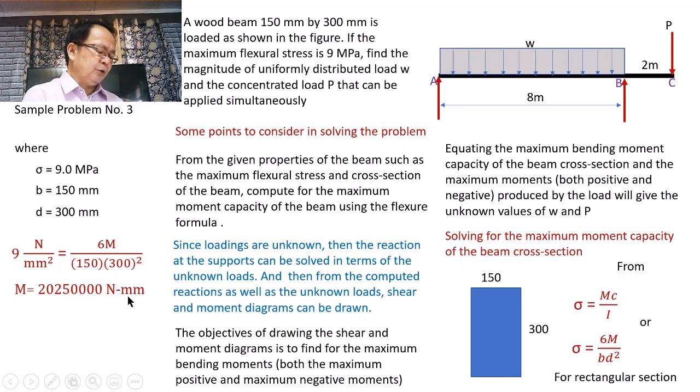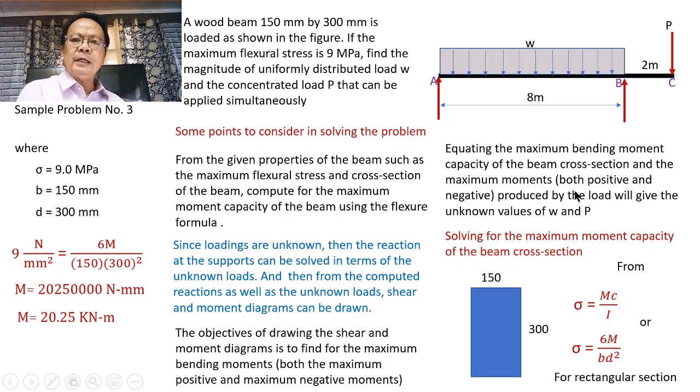Kaya kung i-convert natin to a much larger unit, this can be converted into kilonewton meter and this becomes 20.25 kilonewton meter. So ito ngayon yung kanyang moment capacity na kung ating babalikan, dapat ito ay ma-equate natin dun sa maximum bending moments due to the loadings. Yun yung maximum positive at maximum negative.